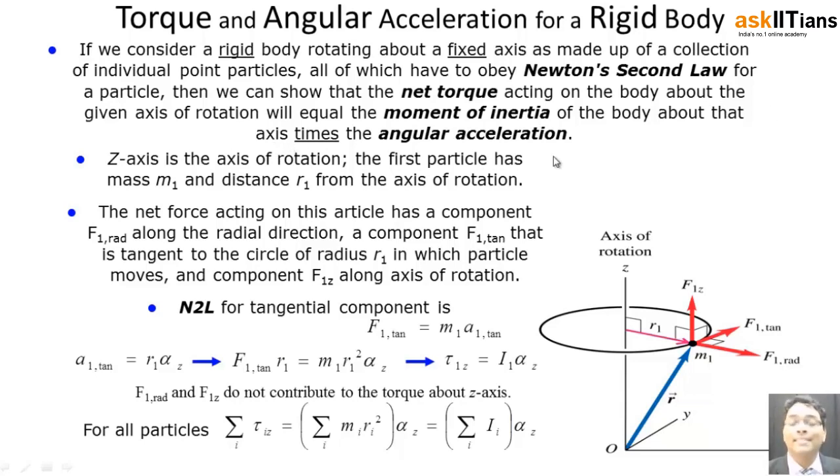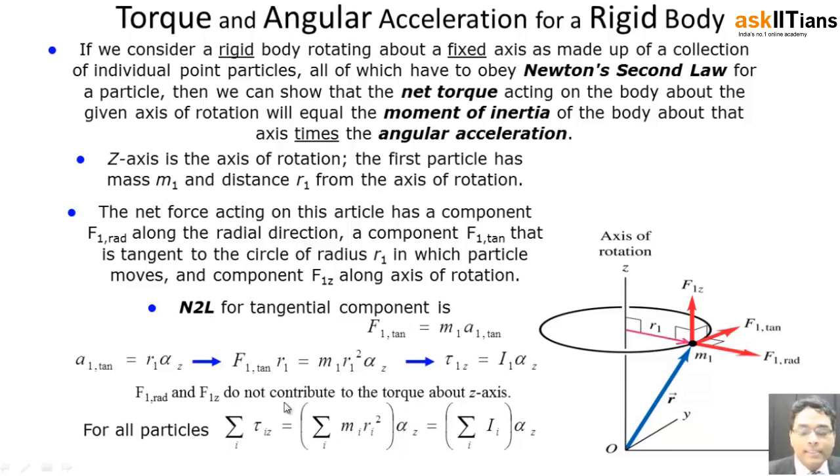It's similar to the case of linear motion, because moment of inertia acts in the same way like mass does in linear motion. So torque acts in the same way like force does in linear motion, and instead of linear acceleration we have angular acceleration here, right? Hopefully that makes sense. Going further, by default we'll take the z-axis as the axis of rotation.